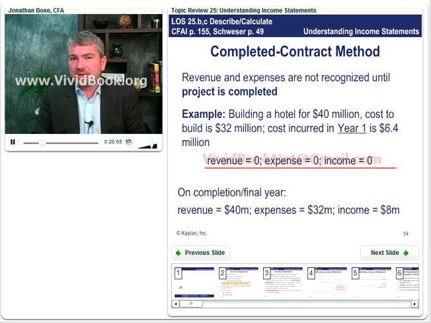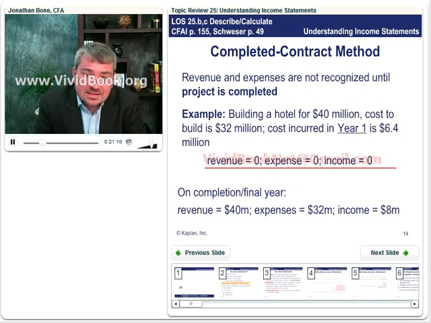Let's have a look at the completed contract method. So remember, revenues and expenses are not recognized in the income statement until the contract is completed and the goods are sold. So we're building a hotel for 40 million. We think that's its sales value, but we haven't got a contract to sell it. Cost to build the hotel is 32 million and costs incurred in year 1 is 6.4 million.